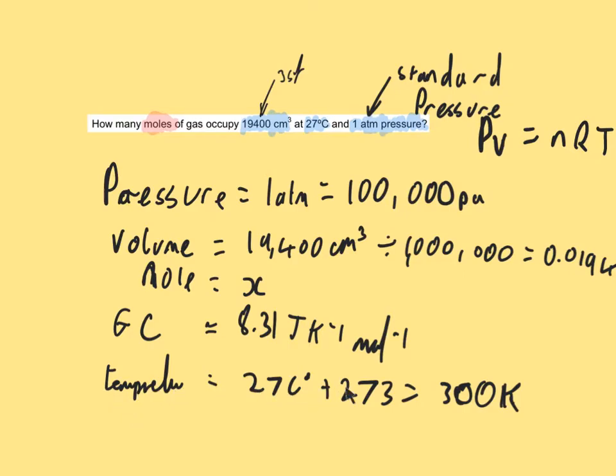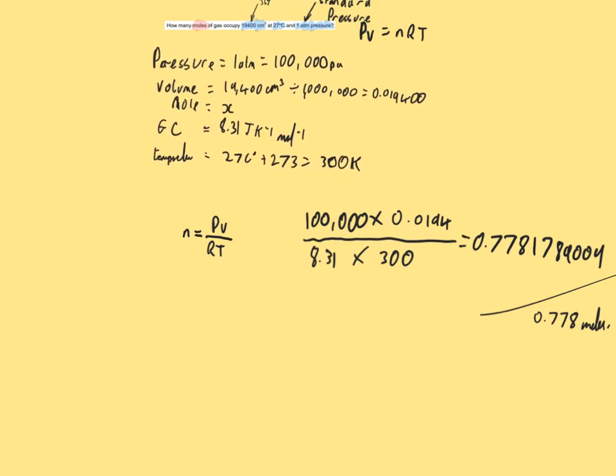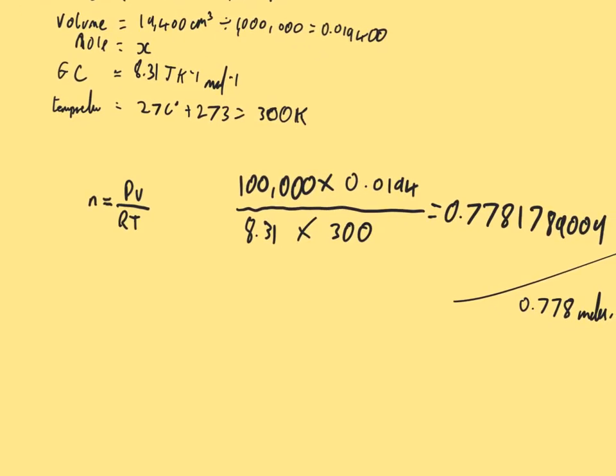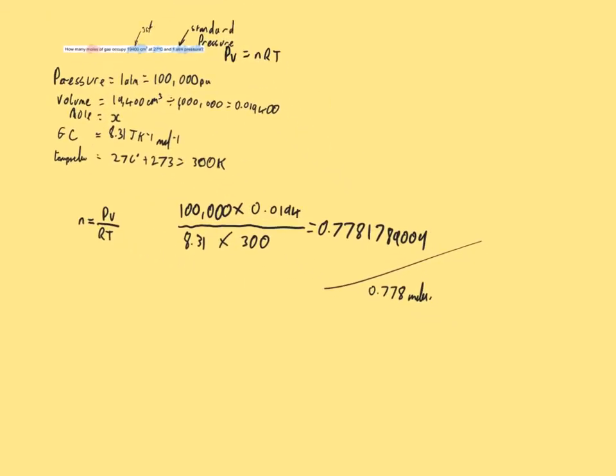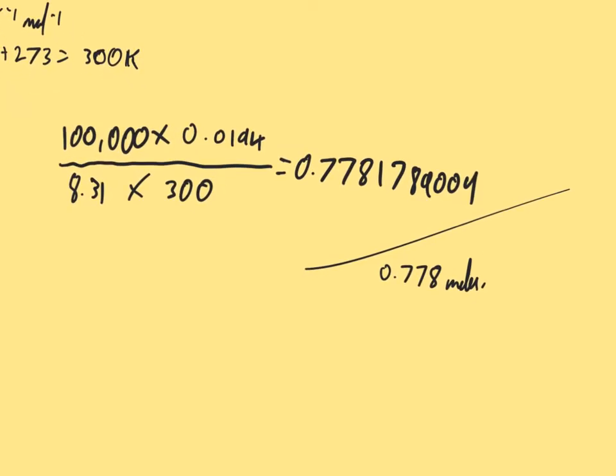And our temperature, which was 300 Kelvin, because you have to add 273. Once you have that, you want to rearrange the equation so it actually works for this, which in this case was pressure times volume over the gas constant times temperature, which would give us our moles. Right. Once you do that, then you just punch it into a calculator. Then you finally get your answer.